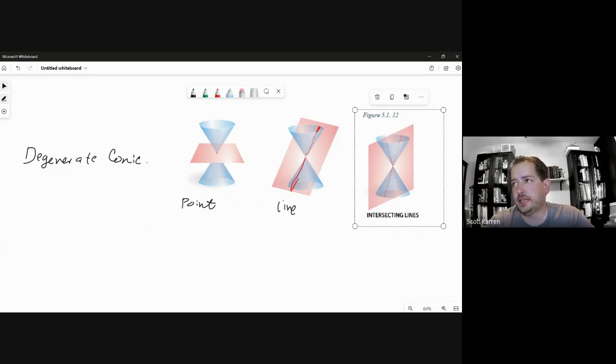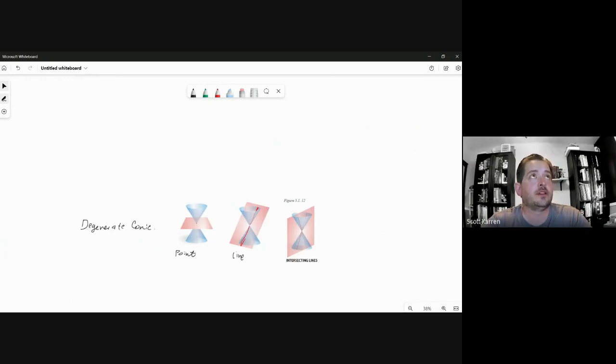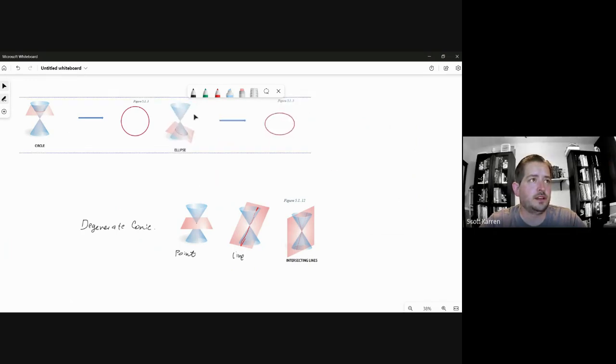And that's really it for 5.1. I got rid of my other pictures. Let me snag them. A circle is created from one special slice of the conic. An ellipse is another particular slice of the conic.